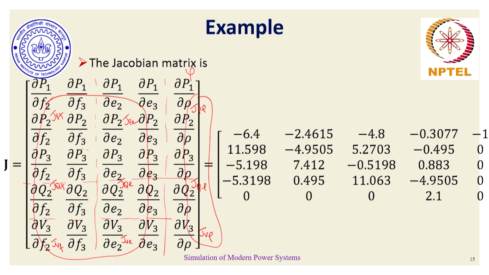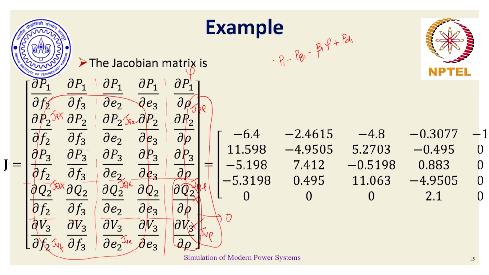Since rho expression is not affecting Q2 and V3, that's the reason why these elements will always be 0. And if I relook at my P1 equation, then P1 equation is actually P1 minus Pg1 minus beta 1 into rho plus PD1. This is my first f of x.